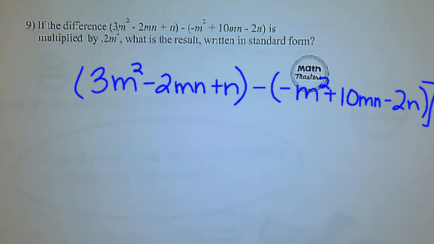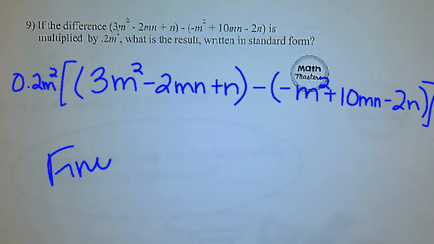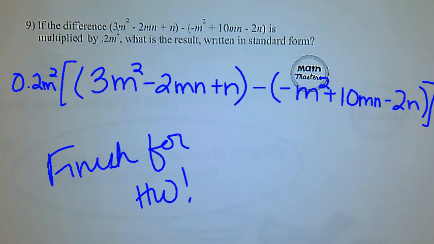Okay, that whole thing is going to be multiplied by 0.2m squared. Okay, so you're going to do the inside and then do the multiplication. Okay, finish for homework.